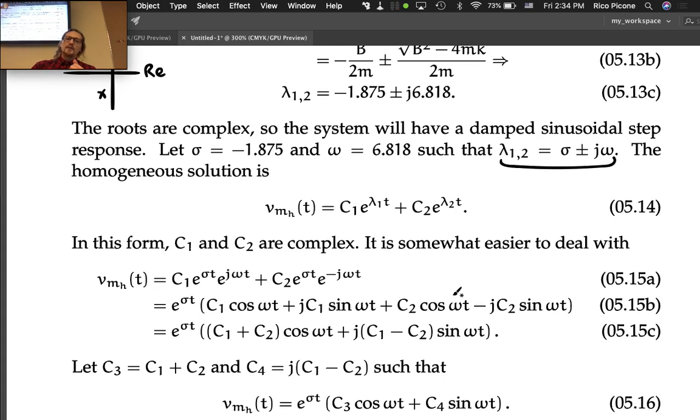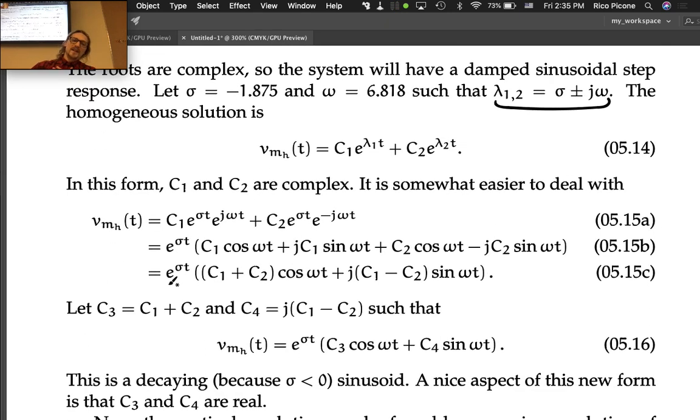And in this form, C1 and C2 are complex, which is because the lambdas are complex. It's true, but we also don't tend to like this form as much. It's not as intuitive to us. So what we'll do is transform this using some identities, specifically Euler's identity, and then mixing up some algebra. We could come up with this expression, which does not look at all simpler.